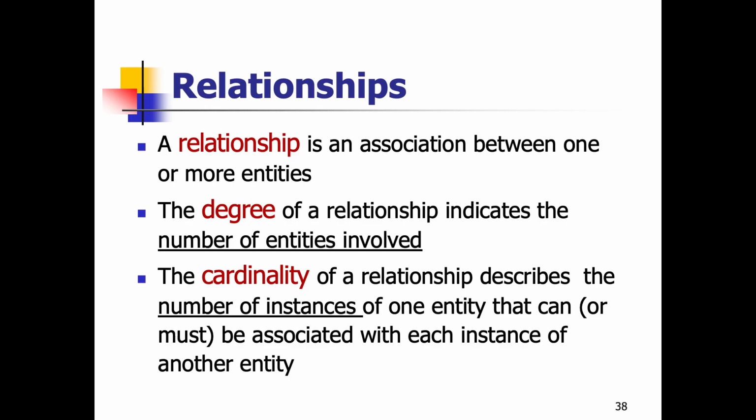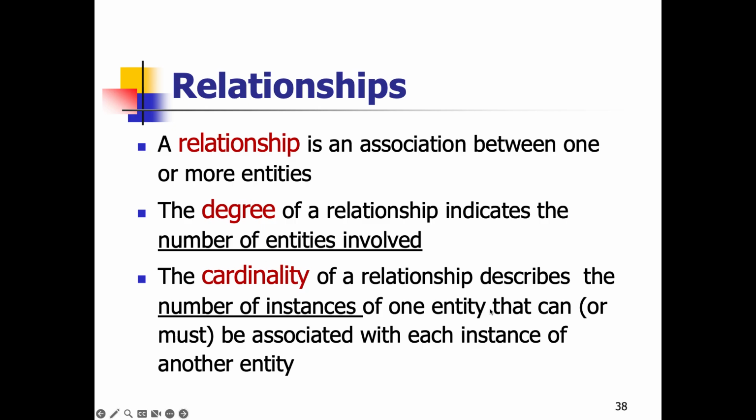The relationship, which we mentioned, is the link or how we connect two entities together, the association between two entities. The degree of the relationship is how many entity types are involved. Sometimes entities have a relationship with themselves, which is degree 1. With two entities, the degree is 2.